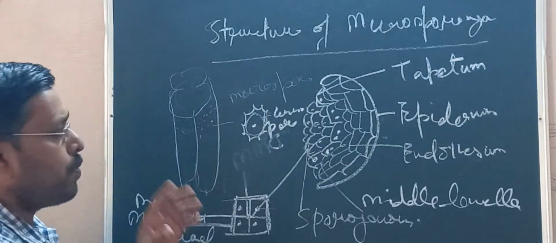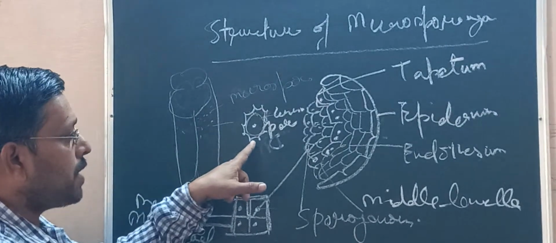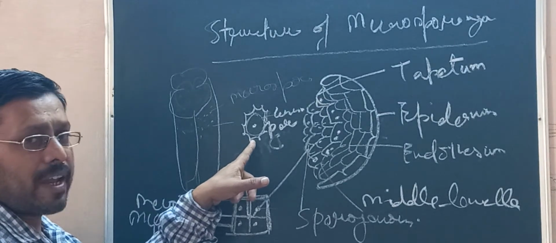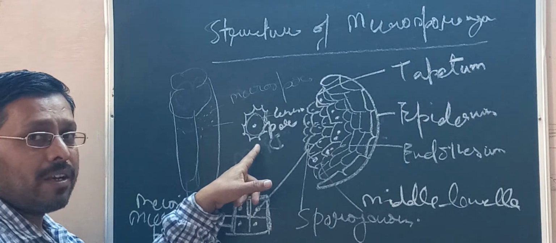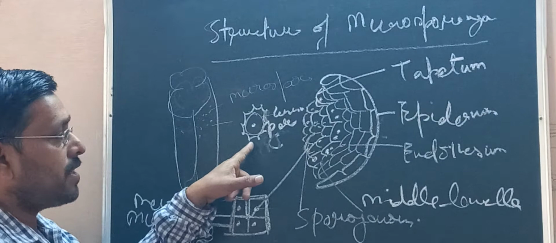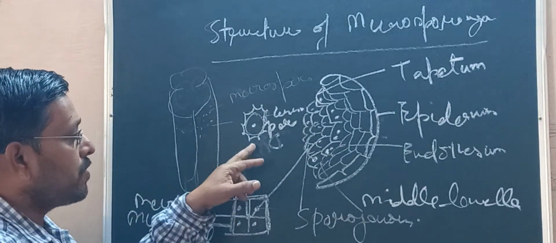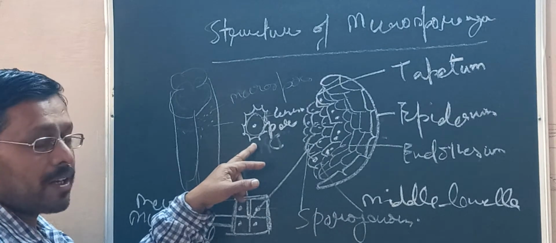Exine is made up of sporopollenin, which is a very hard substance, and it does not react with any chemical or any substance present in nature. That's why pollen can survive and withstand varied environmental conditions.